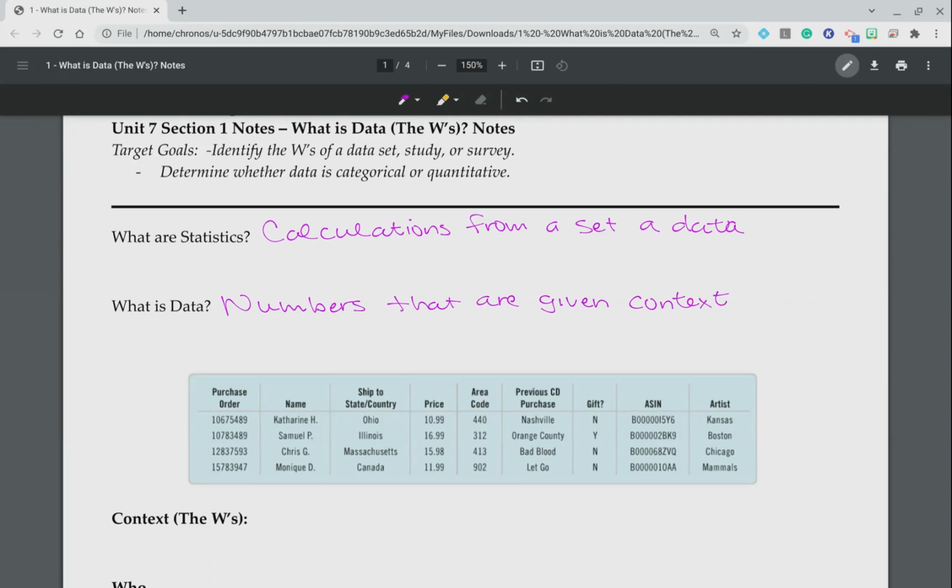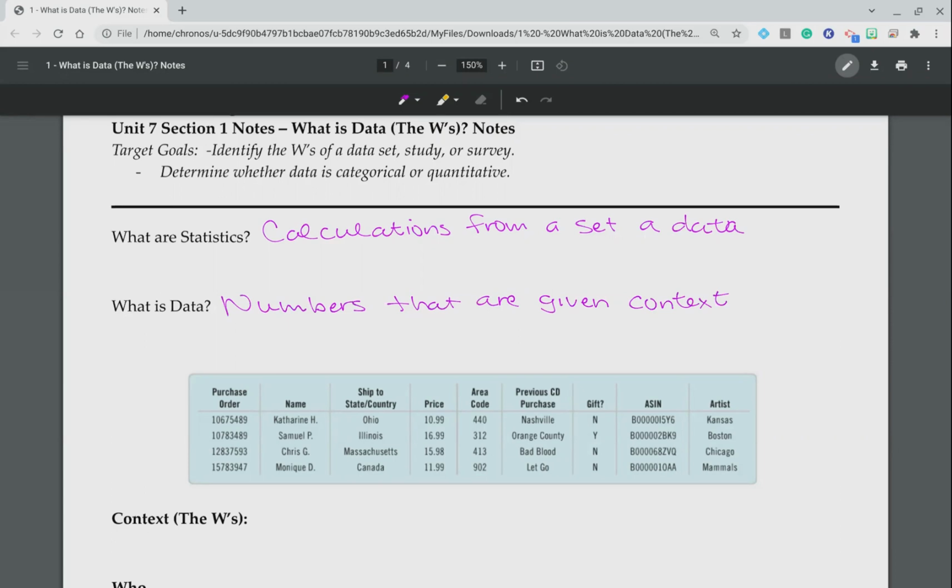So for instance, if you look at this table below, we have a purchase order and the name of individuals who made a purchase, what state and country they made the purchase from, how much it was, an area code. So these are all a bunch of numbers in the context of shipping information or shopping information, something you're buying, okay?